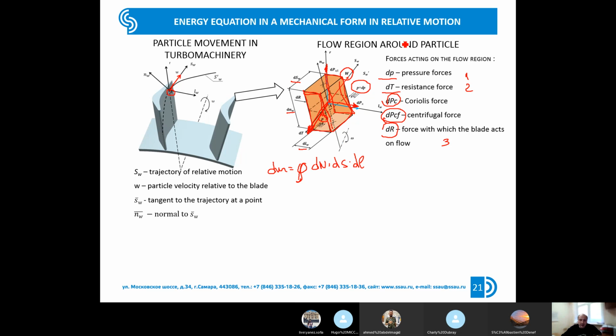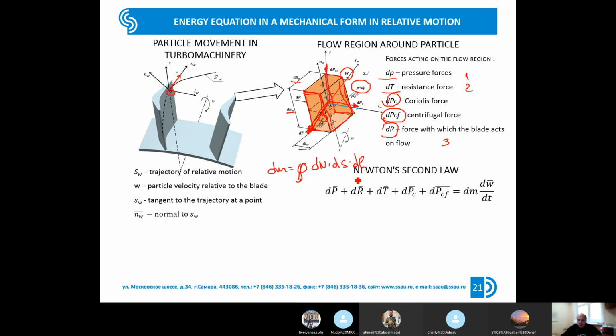So let's write the second Newton's law applying to this case. In the case of relative motion, it will not be directly the second Newton's law. It will be the D'Alembert equation. It's one of the forms of the second Newton's law for a moving coordinate system.